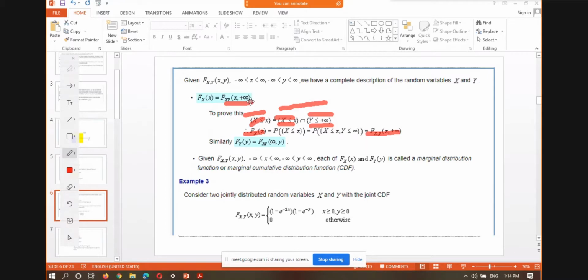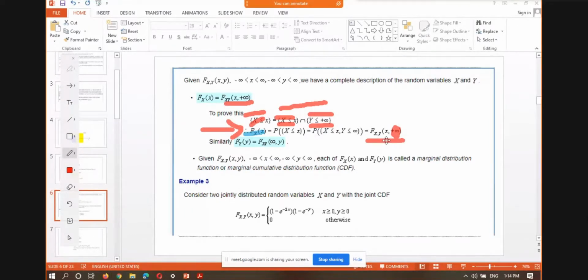So if you put the second variable in this joint distribution function, if you put y equal to infinity, or you take the limit y tends to plus infinity, in the joint distribution of x and y, you will get the distribution of x.